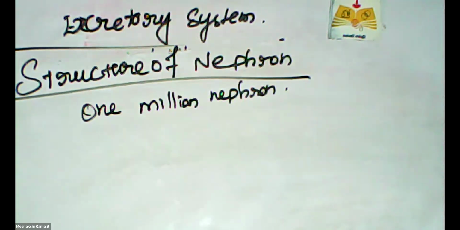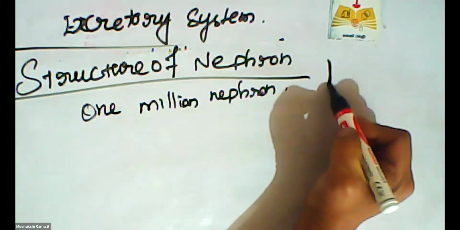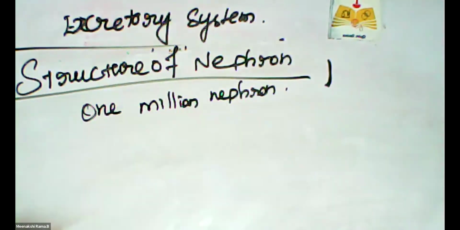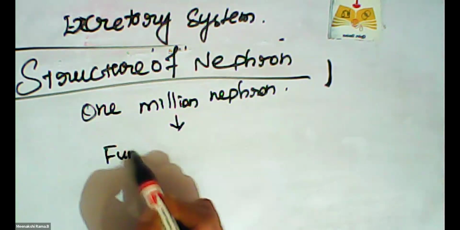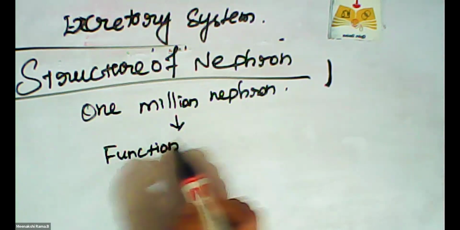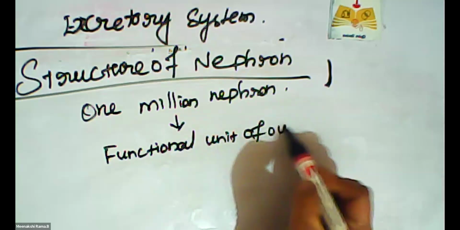Nephrons are the uriniferous tubules. Small thin tube is known as nephron. So they are the structural and functional unit of the kidney. Yes. The nephron is the functional unit of our kidney.